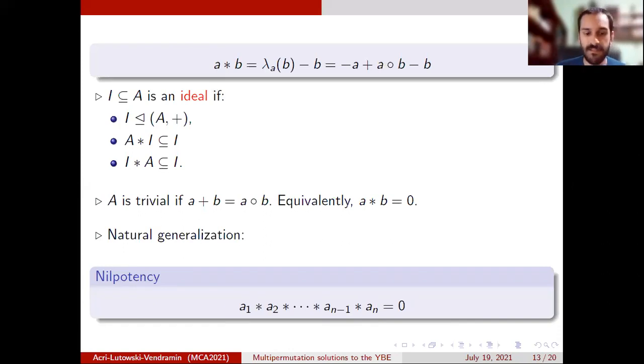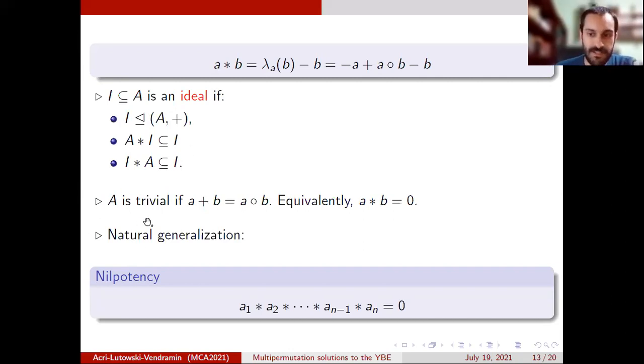So with this operation, it's easy to define the notion of an ideal. It's a subset of A which is a normal subgroup of the additive structure, and it is stable with left and right multiplication using the star operation.